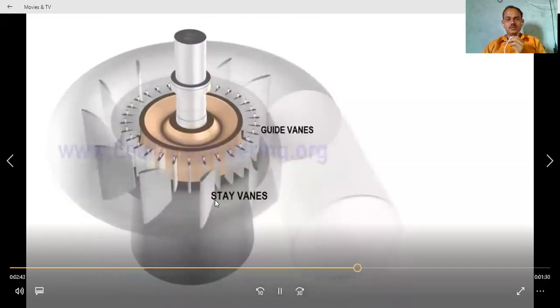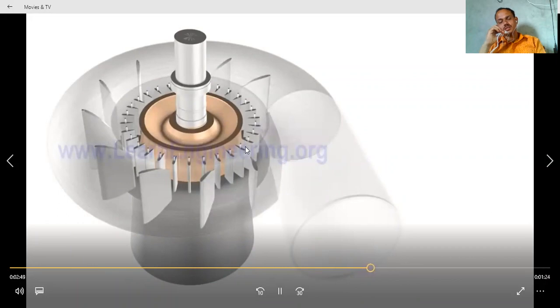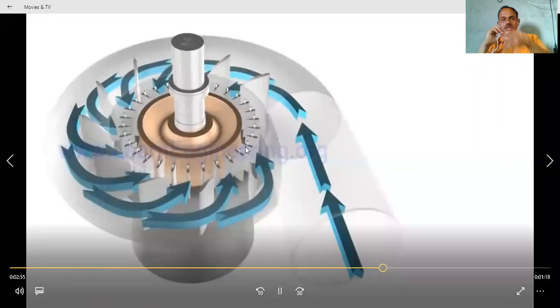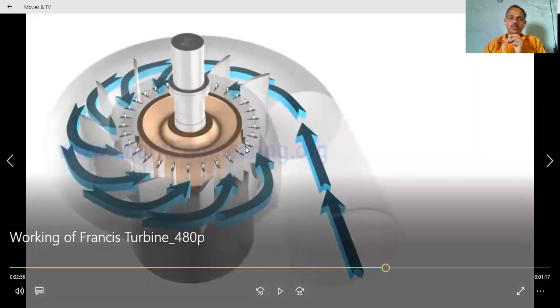So here stay vanes and guide vanes are provided. The purpose of these vanes is to provide constant flow, you can observe here. इथे तुम्हाला दिसतंय का बघा, सगळ्या बाजूने फ्लो यावा तेवढाच प्रमाणात सगळ्या बाजूने फ्लो यावा टर्बाइन वरती, म्हणून त्या गाइड व्हेन्सची अशी अरेंजमेंट केलेली आहे.